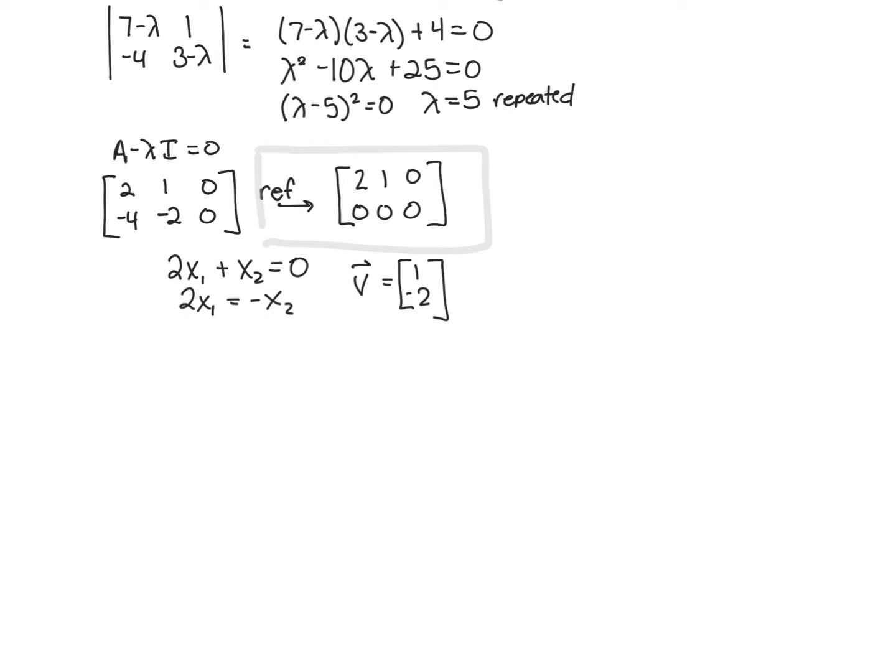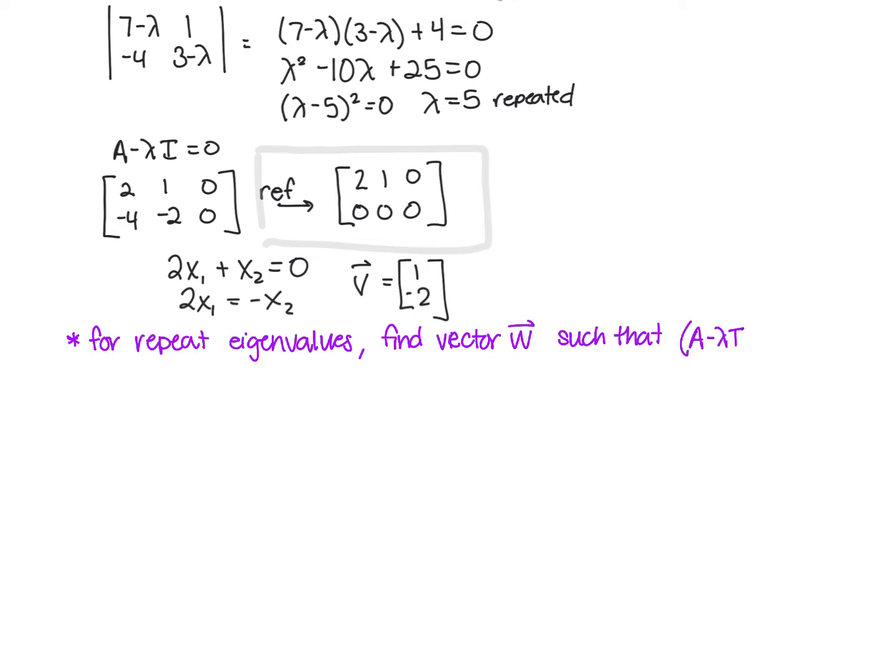For repeat eigenvalues, what we want to do is find a vector, we'll call it W, such that A minus lambda I times W, that vector we don't know, equals that first vector we just found.